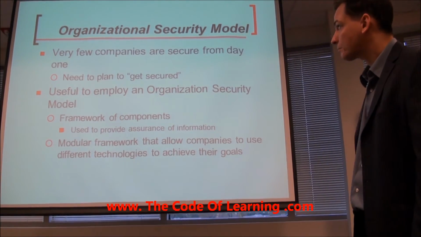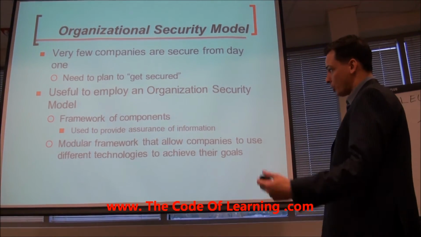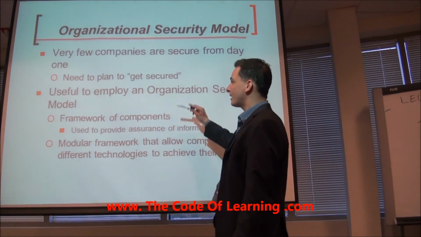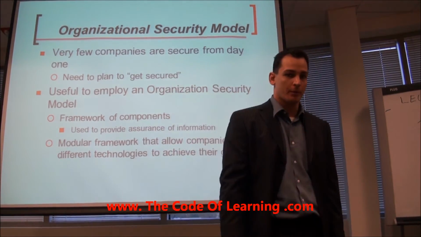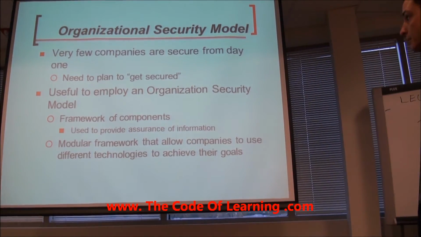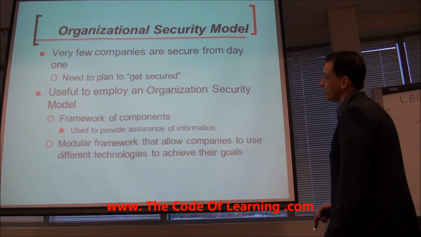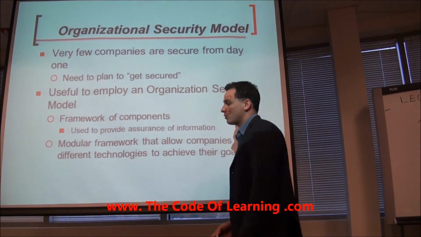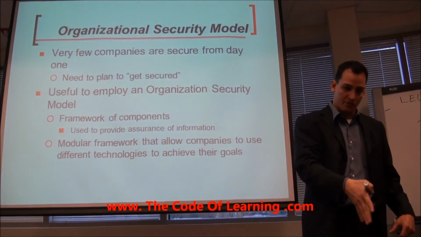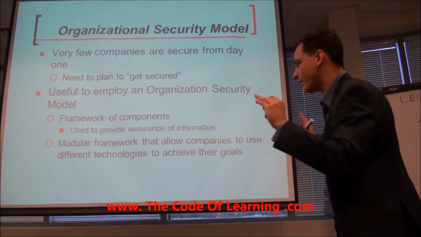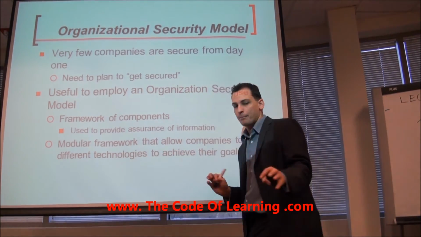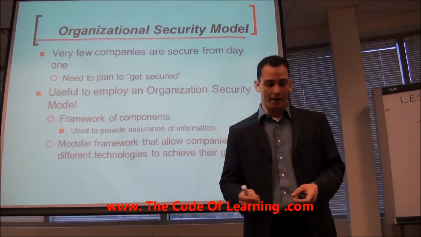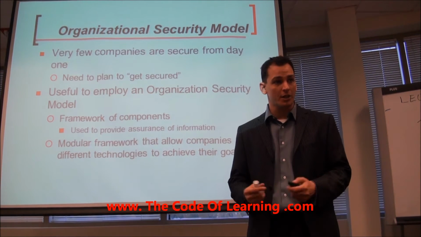All right. Next, you've got organizational security models. You need a plan to get secured, ultimately. These organizational security components tend to be frameworks so that you can plug in different modules of security. My teaching way of describing a framework is an ice cube tray.